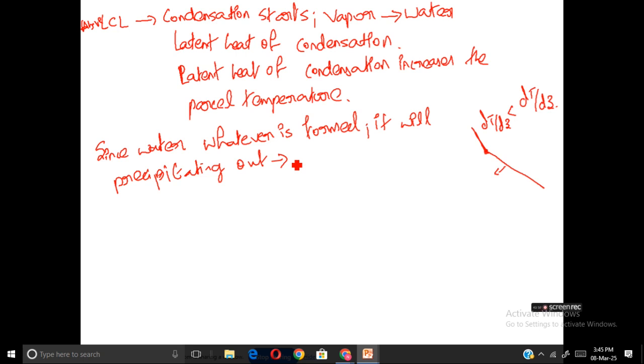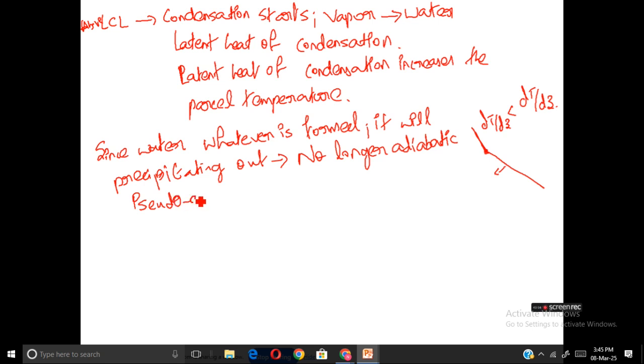So some heat or some amount of matter is actually leaving the system. So now the process is no longer adiabatic. Once precipitation starts, or after condensation, if the formed water droplets are leaving the system, then the process is no longer adiabatic. Instead, we call the process pseudo adiabatic.